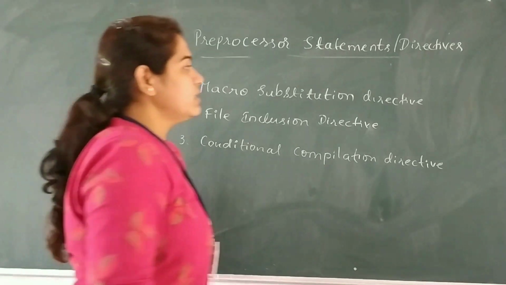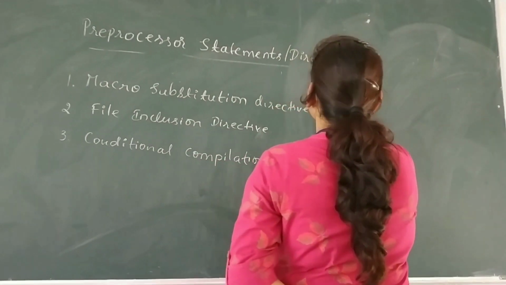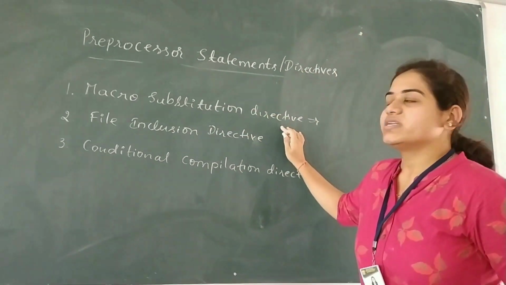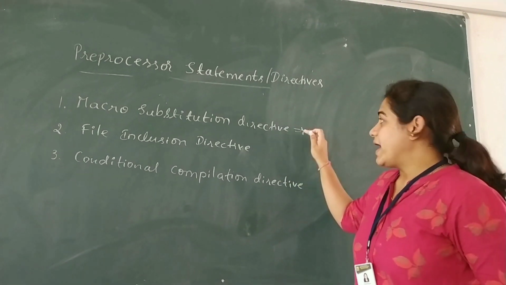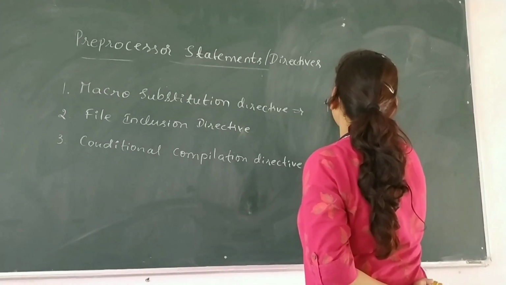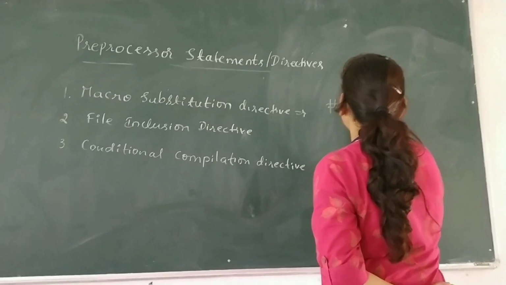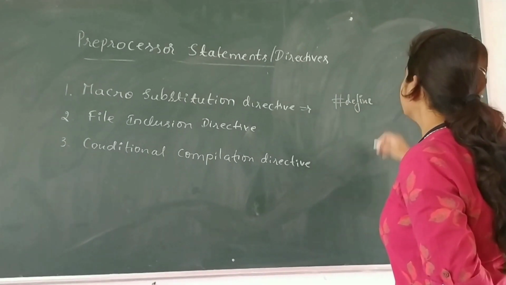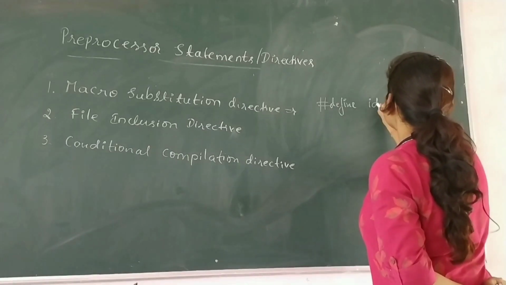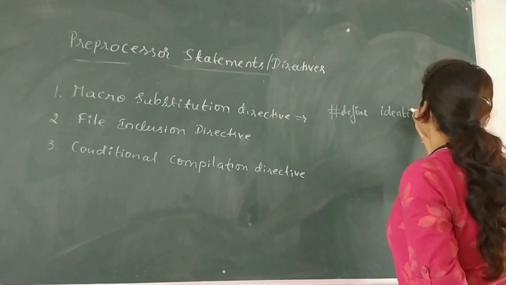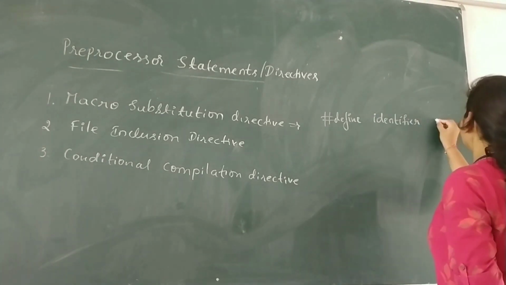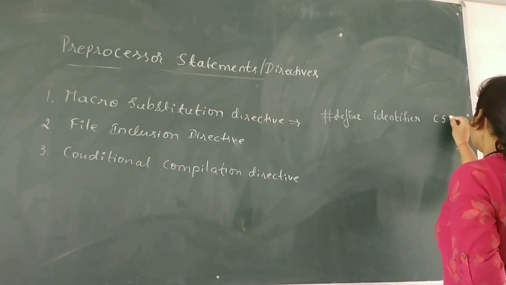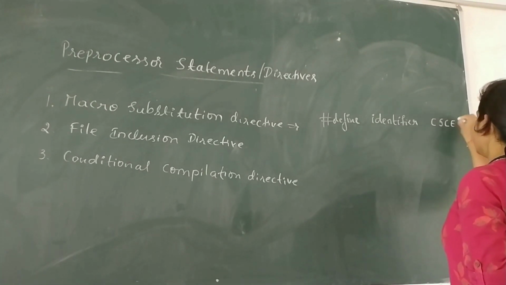One more thing: this macro substitution process is accomplished using the hash define directive. The syntax is: hash define identifier followed by the constant, symbolic constant or an expression.